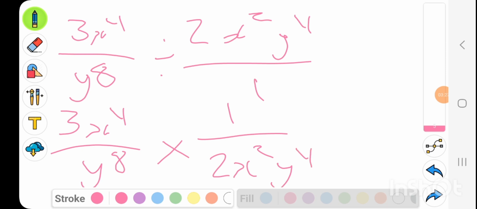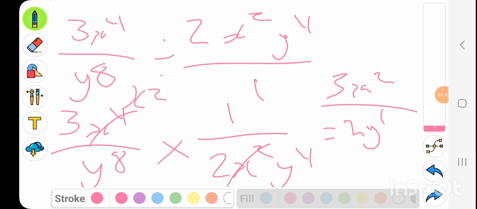Alright, so you can see you can remove x squared here, x squared there, which would just make x squared again, and that would equal 3x squared over 2y to the power of 12. So that's it. That's the first fraction fully simplified, okay guys?